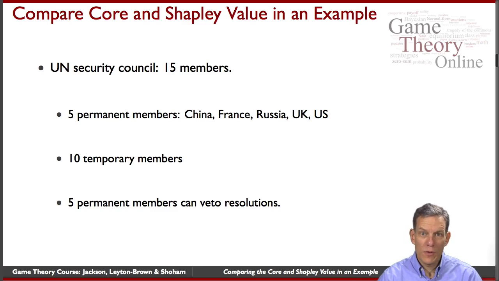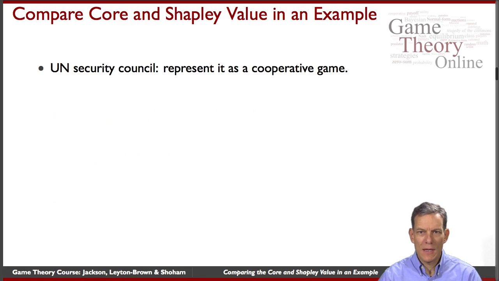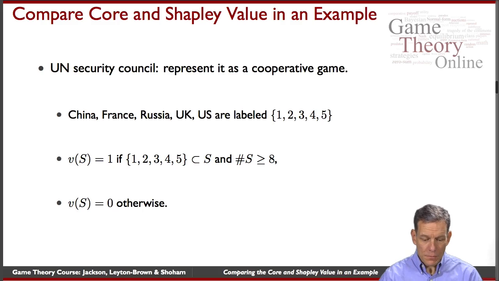Okay, so if we start thinking about a cooperative game to capture this, the Security Council can use different rules for voting. Sometimes they use majority rule, sometimes a 2/3 rule, and so forth. But we'll look at a situation where they're using a majority rule. So if we want to represent that as a cooperative game, in order to come to a resolution, what's going to have to be true?